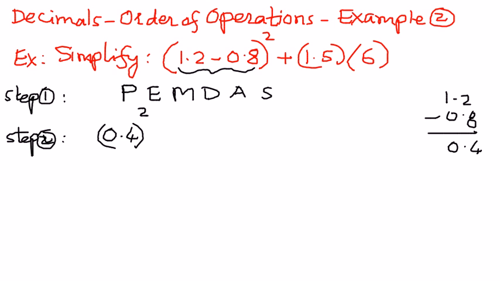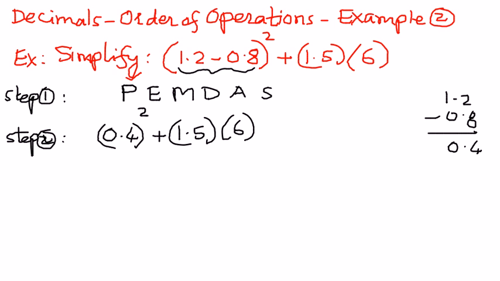So we simplified the numbers inside the parentheses. We then come back and expand the exponents. We'll do that in a minute, but we'll write the rest of the equation, plus 1.5 times 6, like that.